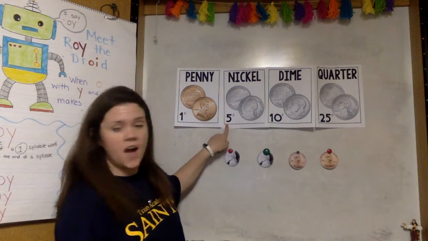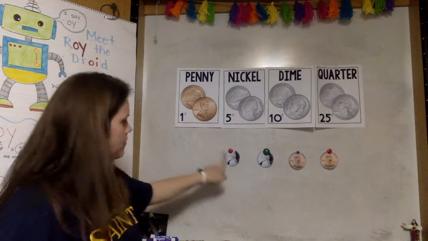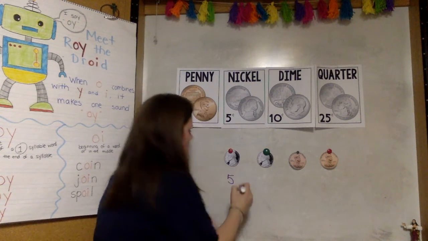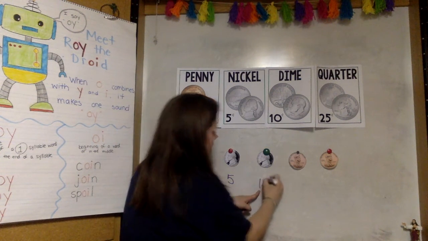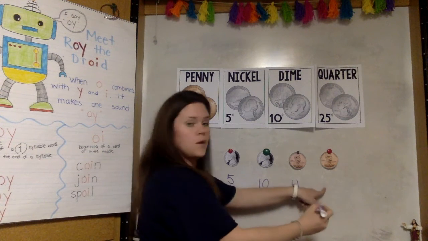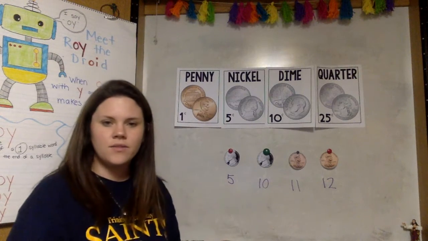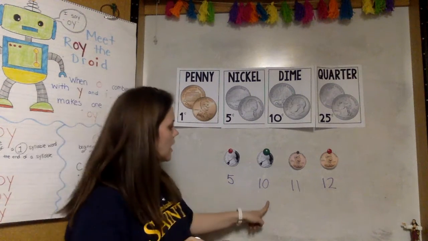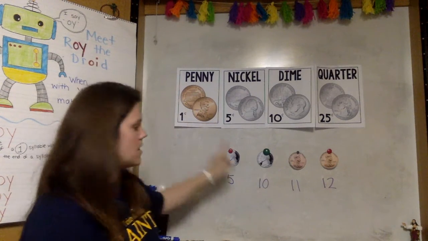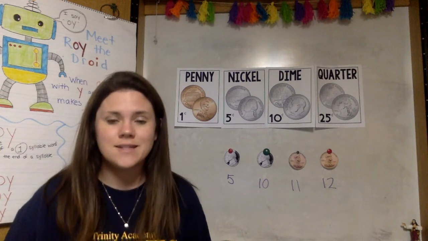I'm going to have to count by fives and count by ones. So let's give it a try. 5, how about I write that? 5, 10, but now I'm adding 1. 11, and one more makes 12. So two different strategies. I started counting by fives, and when the coin changed, I had to change my strategy. I had to start counting by ones. And that's what we're going to be practicing today.